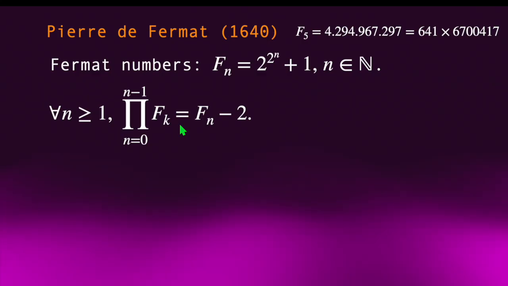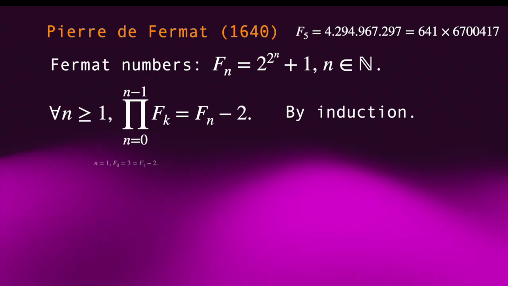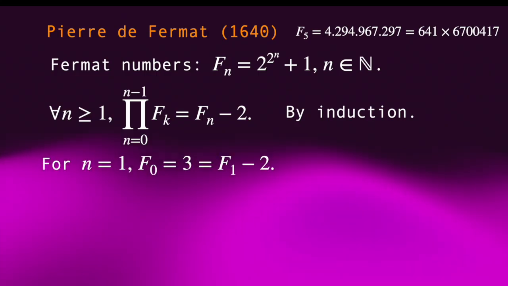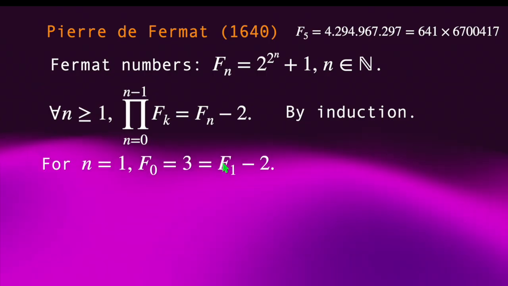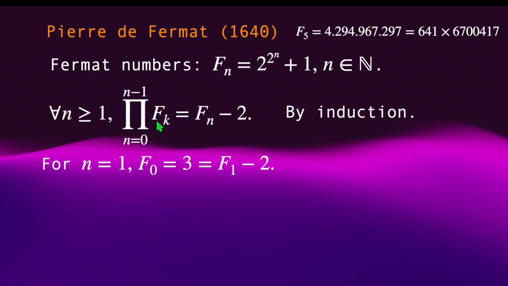This identity is easy to show. It can be done by induction. For n equal to 1, we have F0 equal to 3 and F1 equal to 5, and 3 is equal to 5 minus 2. So this formula is true for n equal to 1.